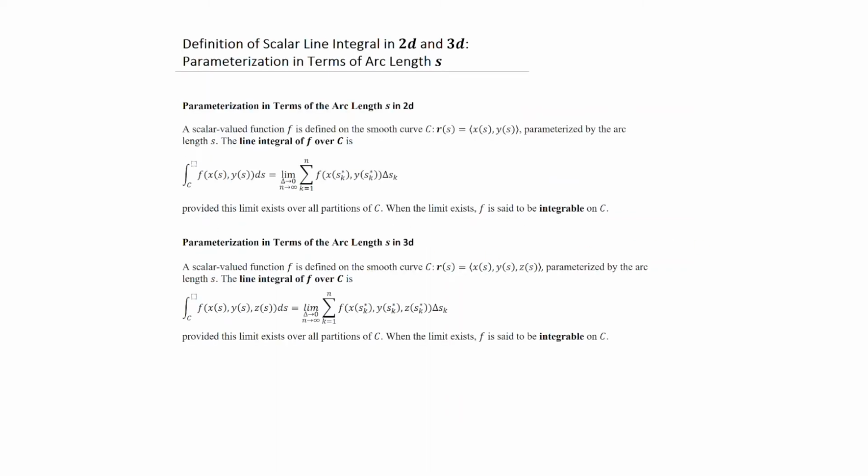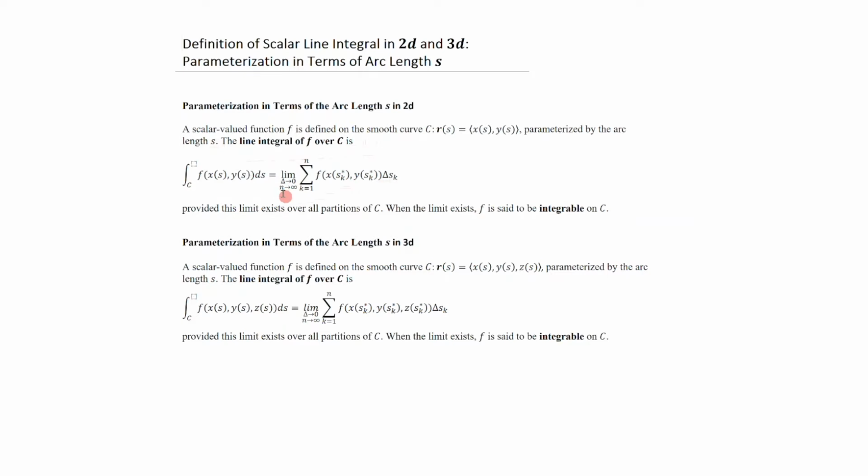All right, so we can then come up with the definition of the scalar line integral in 2D and 3D, in terms of parametrization by arc length s. A scalar valued function f is defined on the smooth curve C, parametrized by the arc length s. The line integral of f over C is this expression.